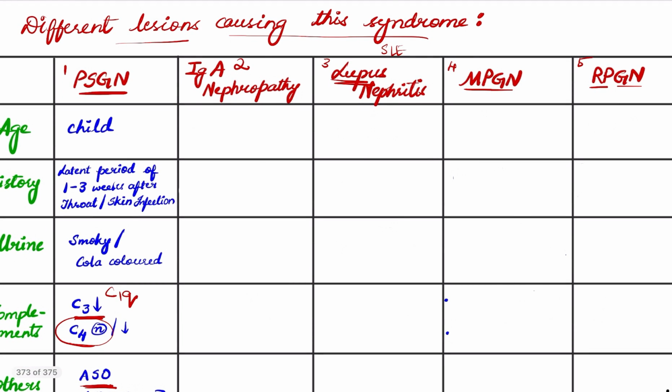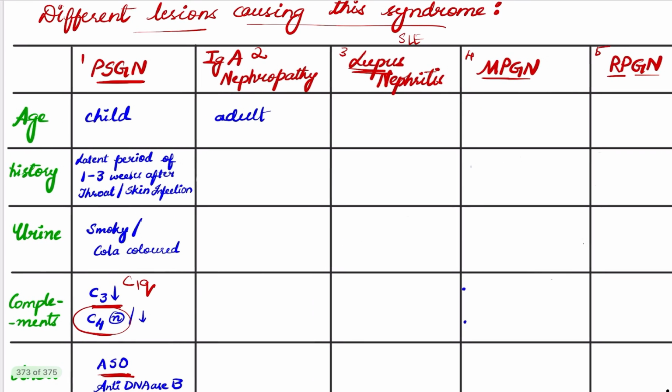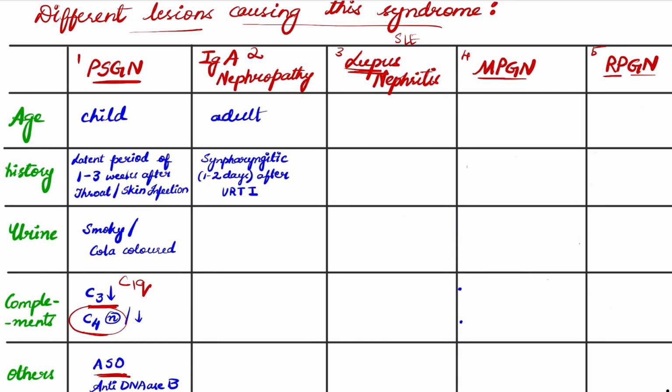Coming to the IgA nephropathy, it is common in adults. The history is synpharyngitic, like immediately after streptococcal throat or skin infection, within 1 to 2 days, the renal manifestations of hematuria occur. So it goes hand in hand with pharyngitis, hence the name synpharyngitic, more commonly after upper respiratory tract infections.